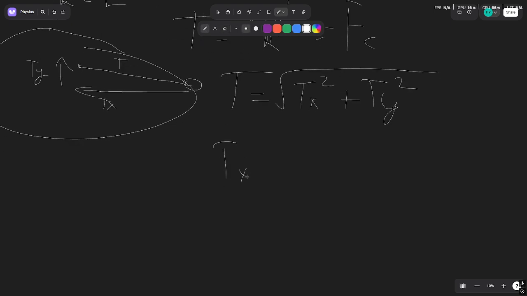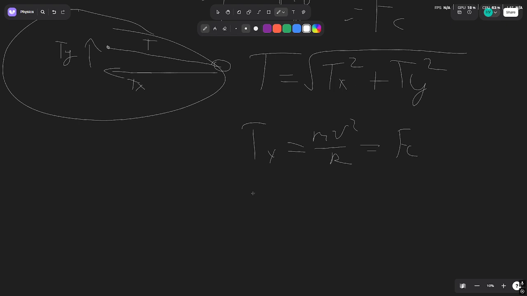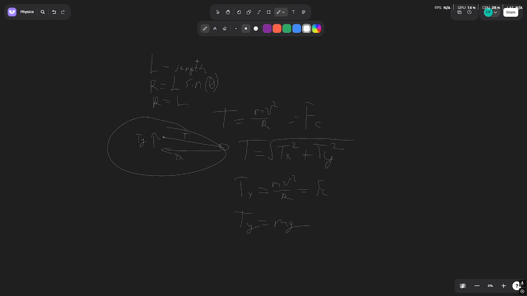Tx is always equal to mv squared divided by radius, so again, centripetal force. And ty equals mg, just a free fall. That's all you need to know about horizontal circles and tangent in them.